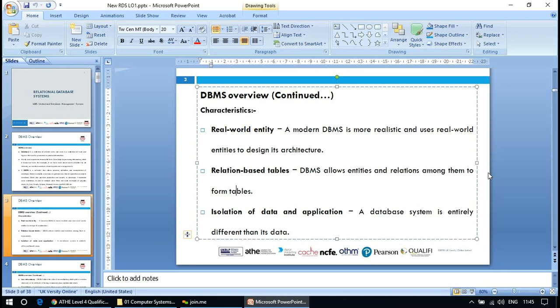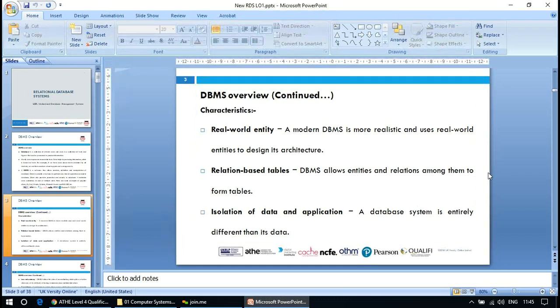But a database gives you hundreds and thousands of records in rows and tables.